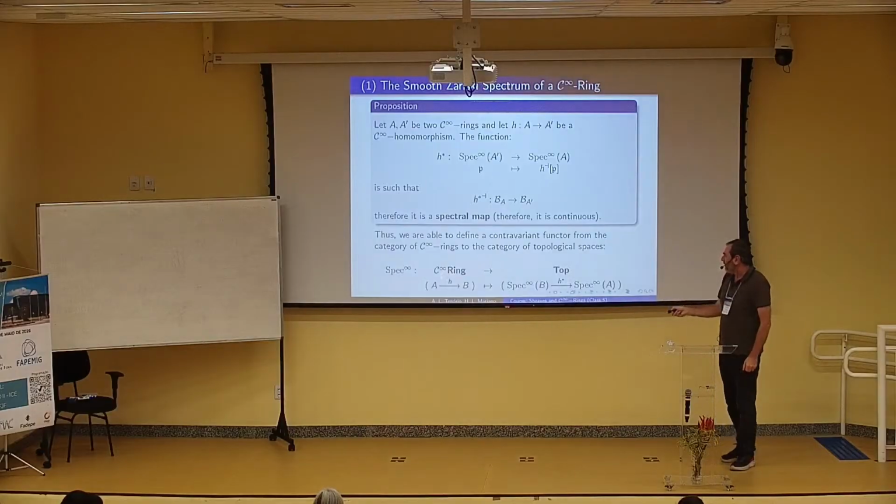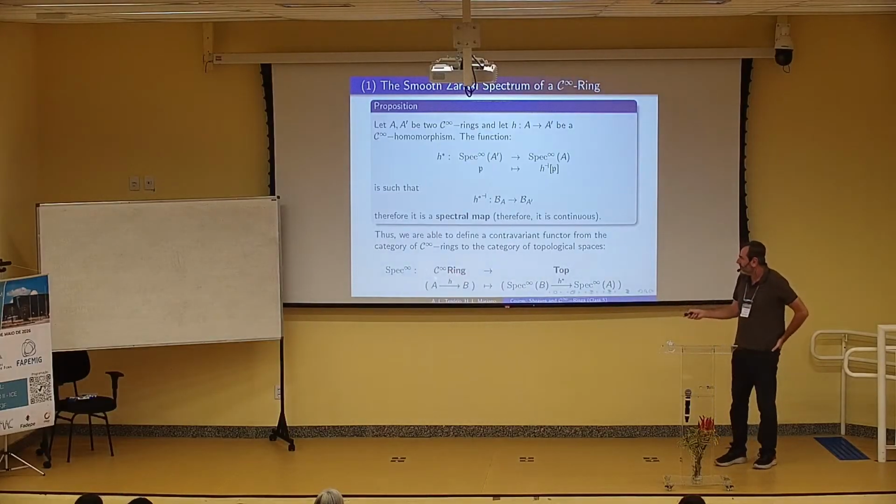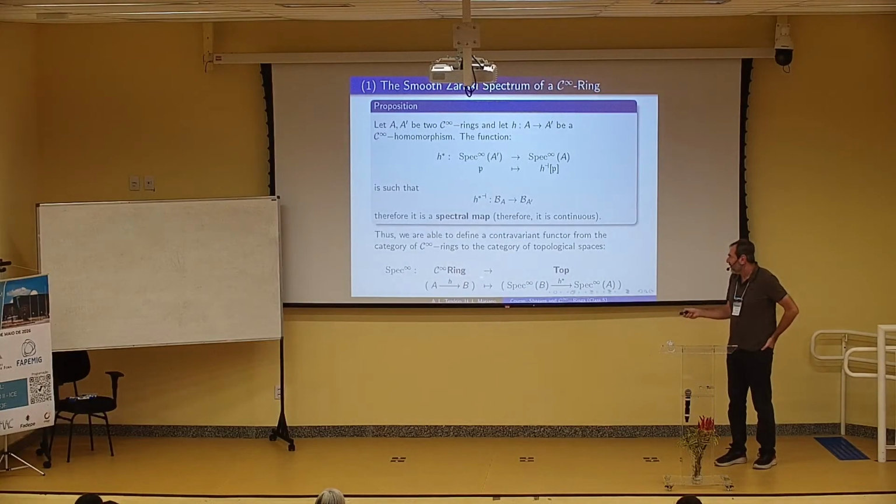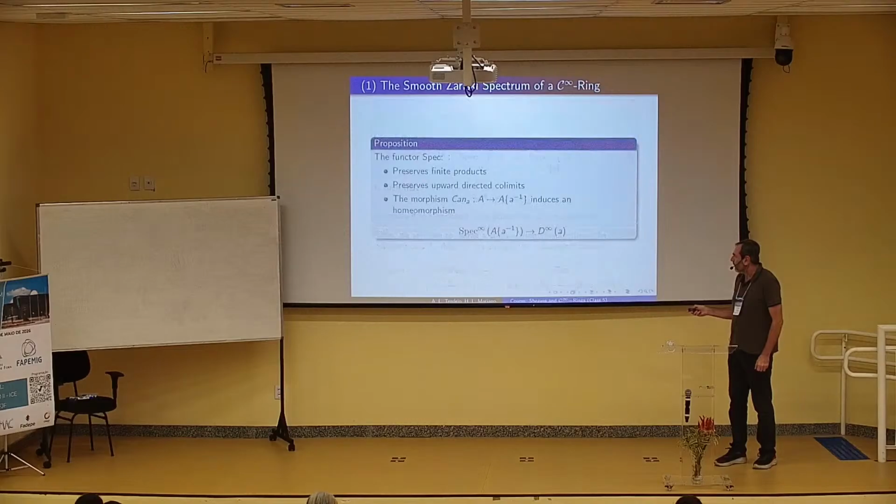Então, portanto, em particular, a gente tem um funtor contravariante dos anéis sem infinito na categoria dos espaços topológicos. Poderia ser uma categoria mais apertadinha, inclusive dos espaços espectrais. Então, esse funtor spec, deveria ter colocado spec infinito aqui. Assim como na álgebra comutativa, ele preserva produtos finitos, de forma contravariante, lógico.